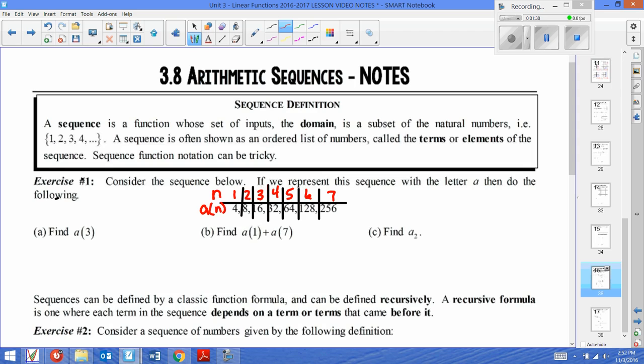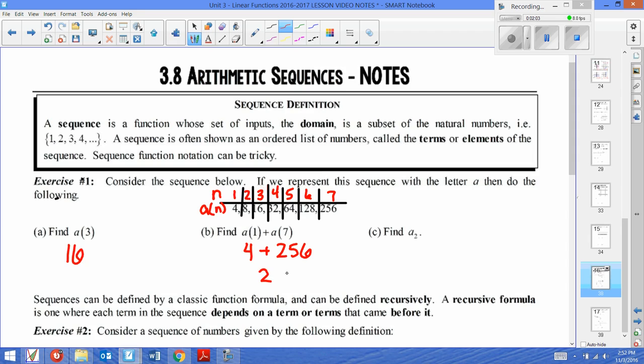All right, so exercise 1 wants us to, in part A, find A of 3, which just means when n is 3, what is my output? And that looks like it's 16. All right, A of 1 plus A of 7. So my first term is 4 plus my seventh term, which is 256.